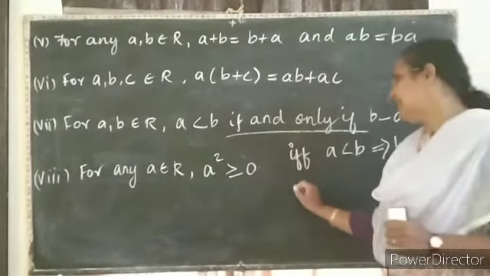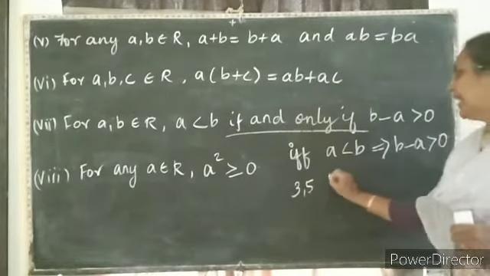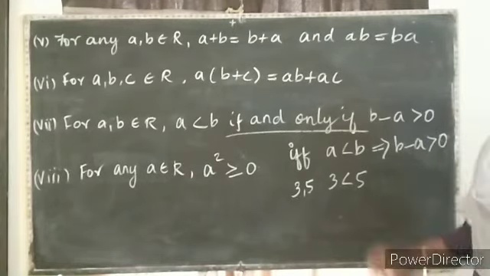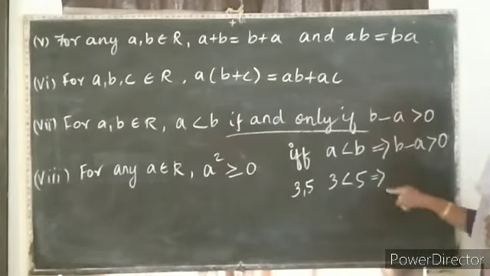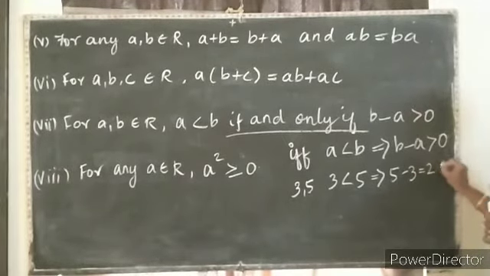Okay, now let's check with a simple example. 3, 5. Now 3 is less than 5, isn't it? 3 is less than 5. So this implies, if and only if, 5 minus 3 will be equal to 2. Is this greater than 0?